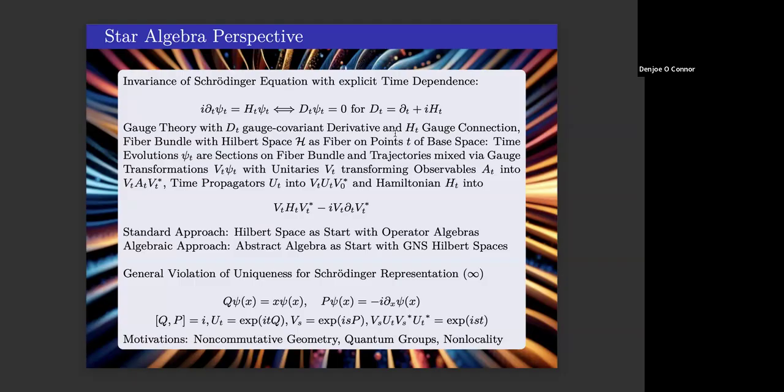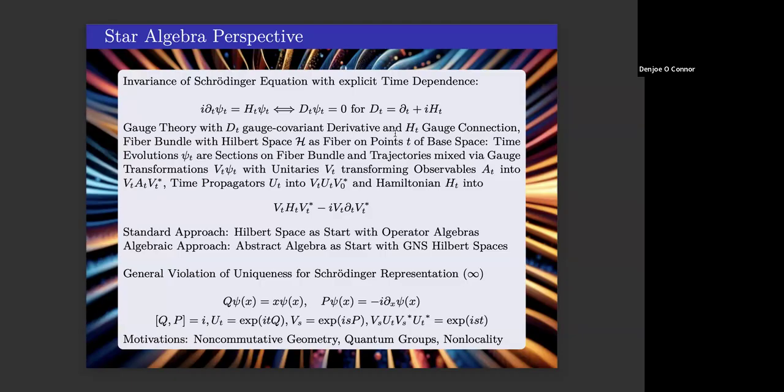But this is only true for finite degrees of freedom. If you go to infinite degrees of freedom, this is not the case. Then you get lots of representations that are not unitarily equivalent. So again, you should maybe not put so much importance on the Hilbert space representation, but really just on the operators and their relations, because that's what is important, the algebraic structure.